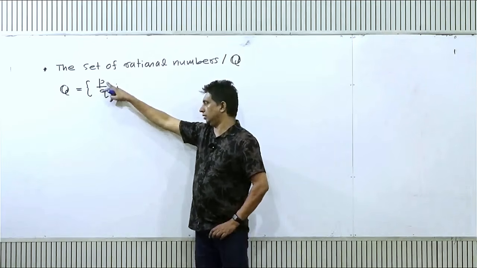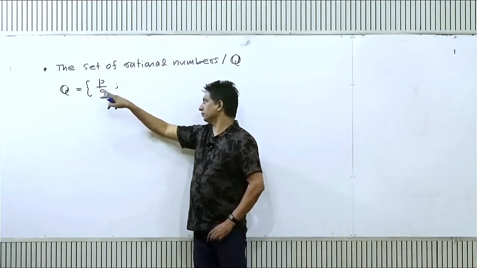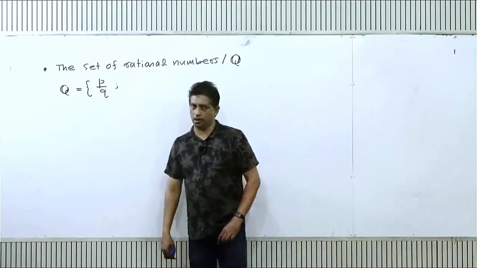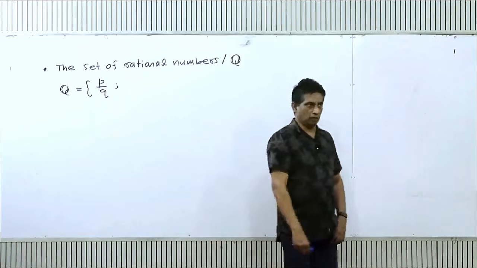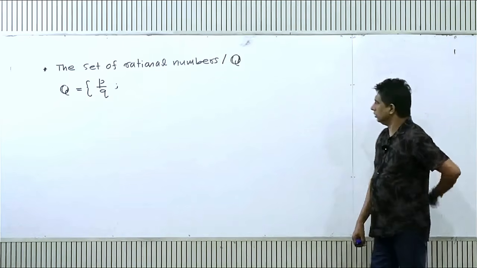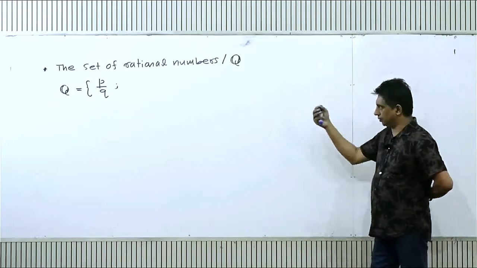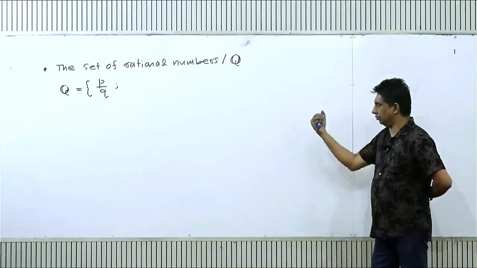Normally we call it... This is the denominator. By looking at this one, we can get an idea that rational numbers are numbers with a numerator and a denominator.